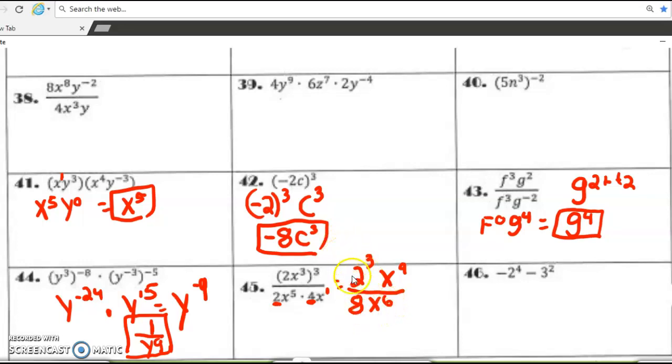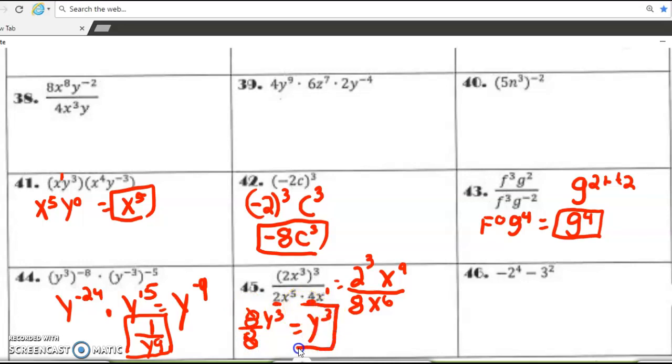All right, well, 2 cubed is 8 over 8. And then here we're going to subtract, right? 9 minus 6 is going to be y to the third. Well, 8 over 8 just cancels to a 1. So we got y to the third.